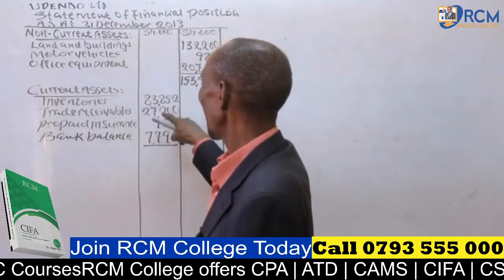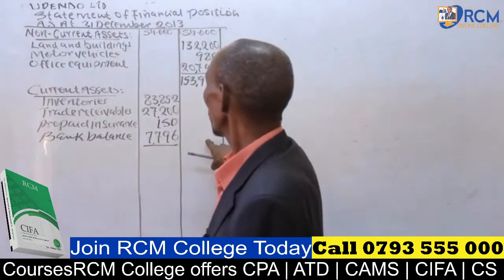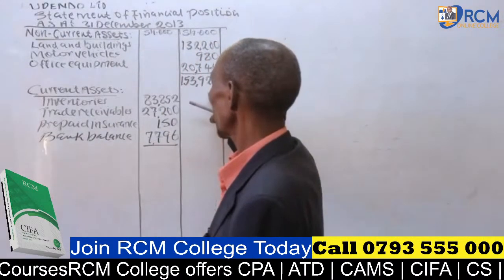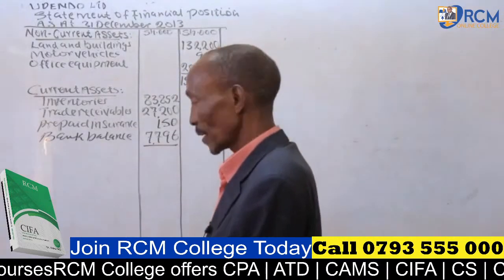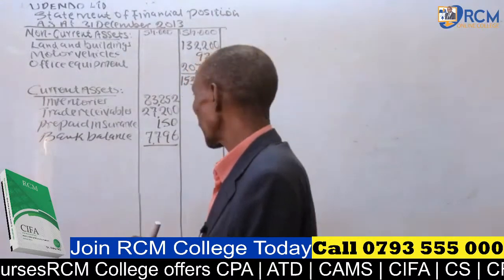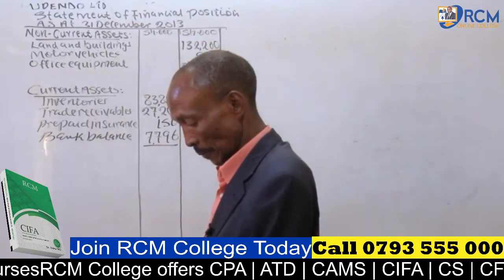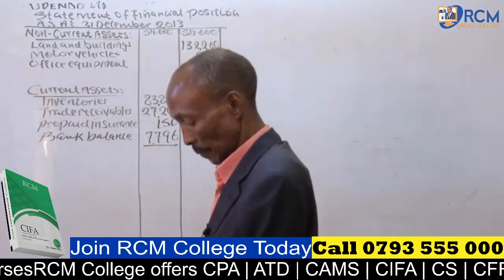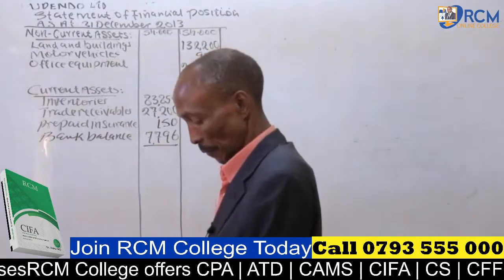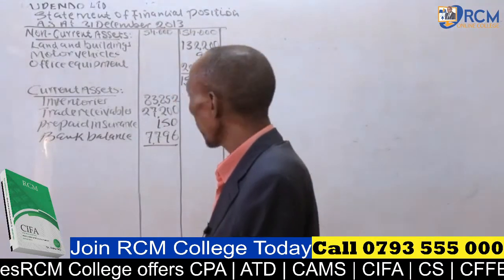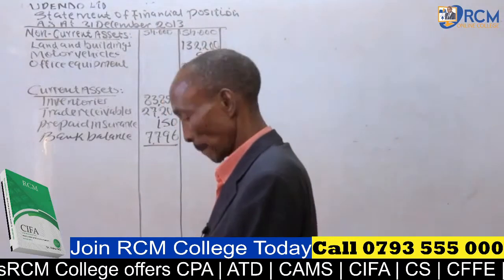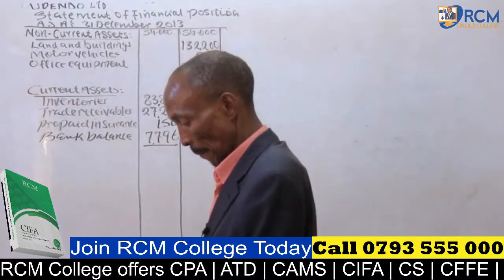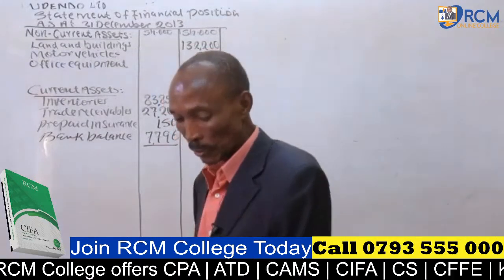We add this, and the sum of the current assets should be added to the non-current assets. I'm saying that in case someone is looking at this for the first time. So we have the total of the current assets, 118,998.